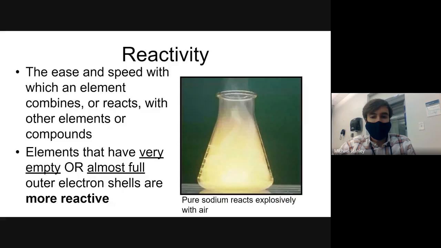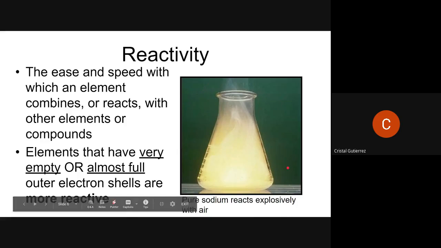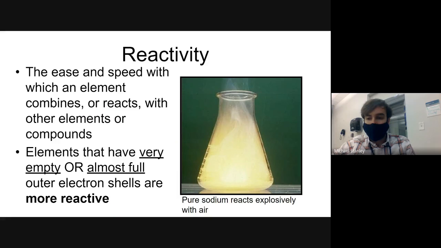All right, now is everybody able to see the presentation with the big lit up beaker? Yes. All right, awesome. Thank you for giving me a heads up about that. Sometimes you just got to turn it off and turn it back on again to make it go.